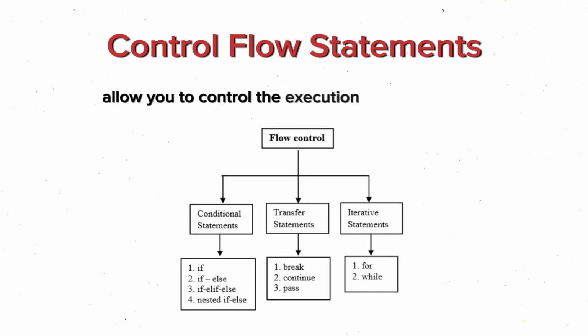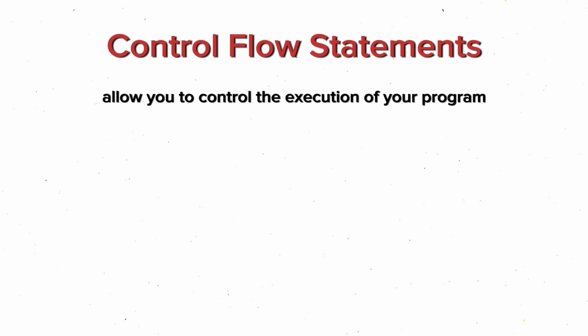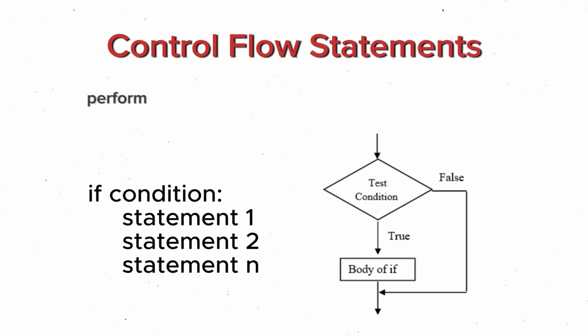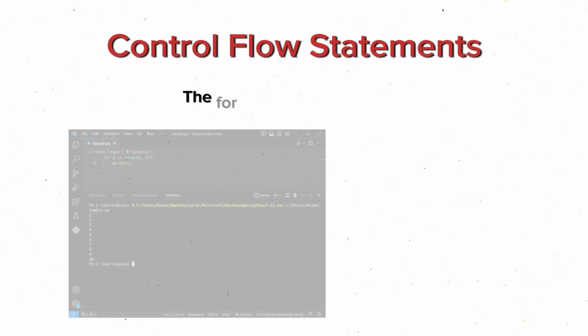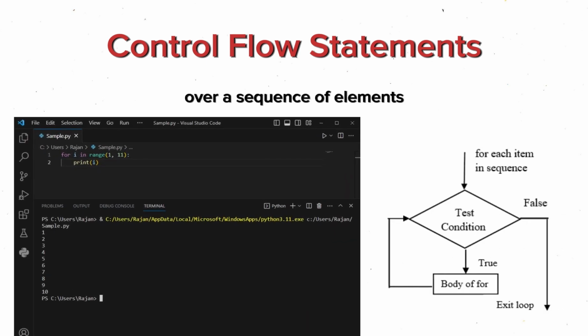Control flow statements. Control flow statements in Python allow you to control the execution of your program. The if statement is used to perform different actions based on different conditions. The for loop is used to iterate over a sequence of elements.